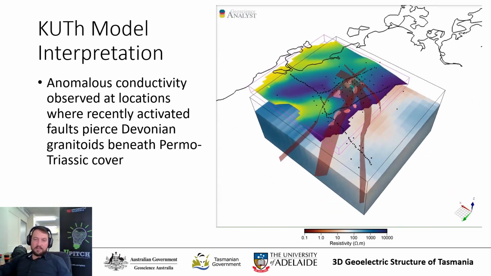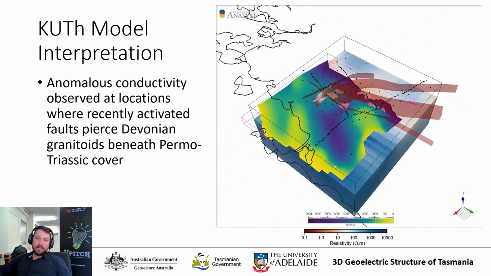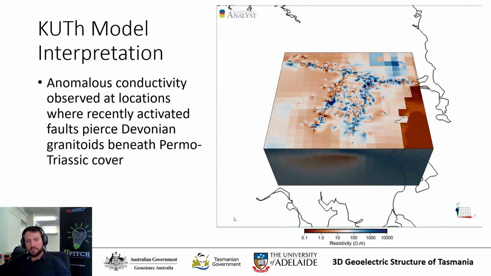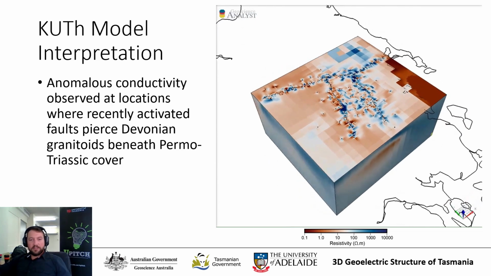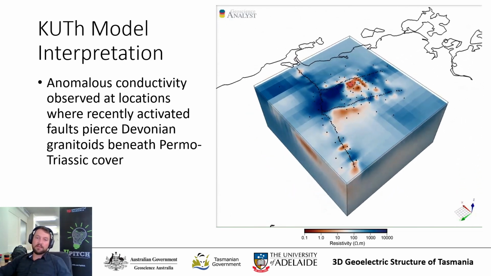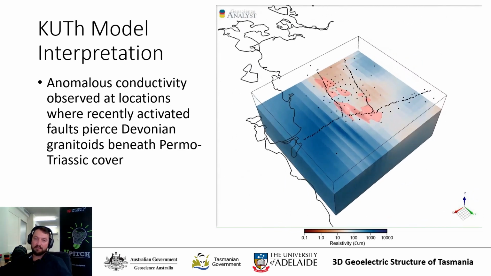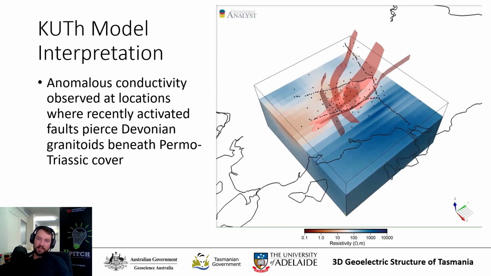And finally, that coloured surface represents the granite roof topography in the area interpreted from gravity datasets. So yeah, it's a pretty good geological story. You've got peak conductivities occurring at the locations where Devonian granites are pierced by recently activated fault structures, all beneath insulating Permo-Triassic sedimentary cover.